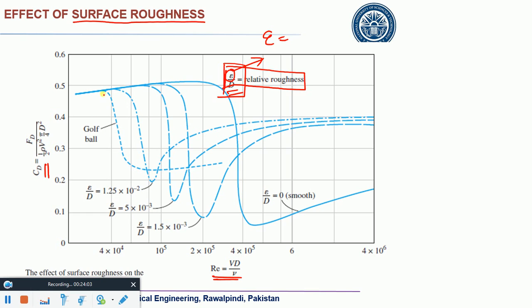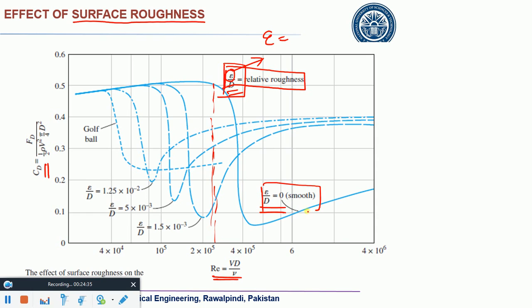Now, there is a sudden drop. Why does that drop happen? Yes, transition from laminar to turbulence. If roughness element is not there, you have a smooth cylinder or smooth ball, and this transition happens at larger Reynolds number.